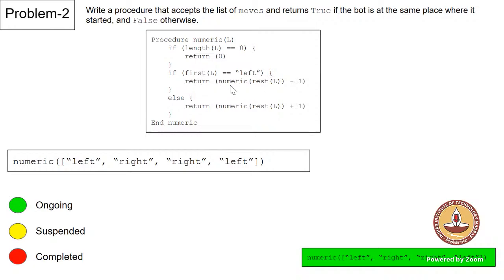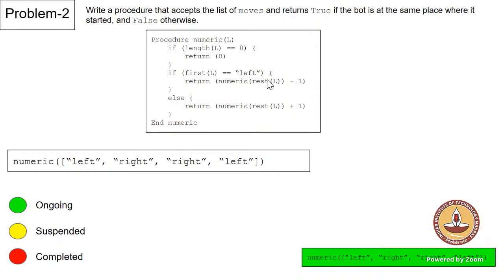Inside the return statement, we are calling the numeric procedure again, recursively, until our list length becomes 0. That's why it is recursion, because we are recursively calling the procedure numeric just by decreasing the data every time. L is changing.